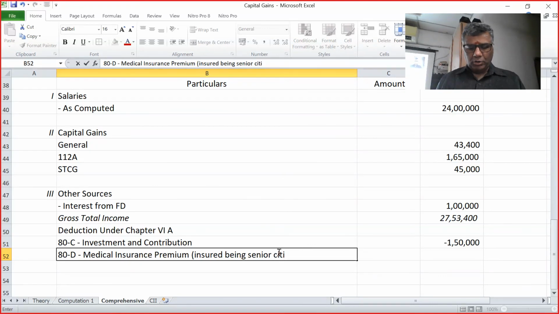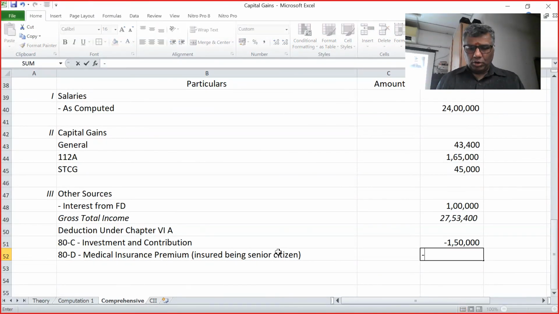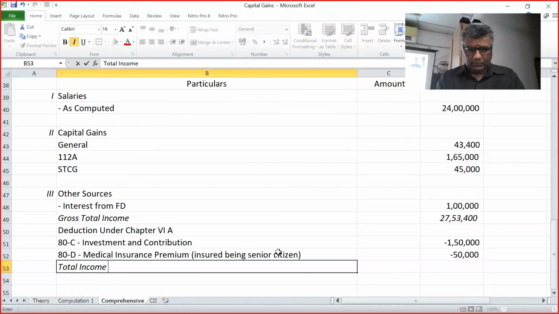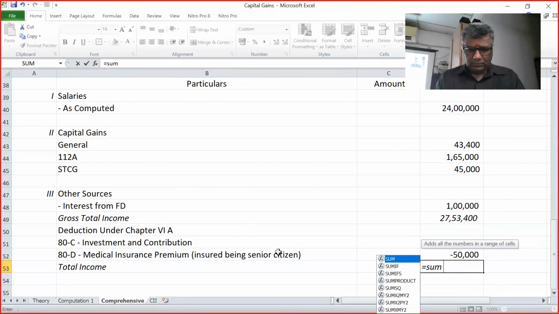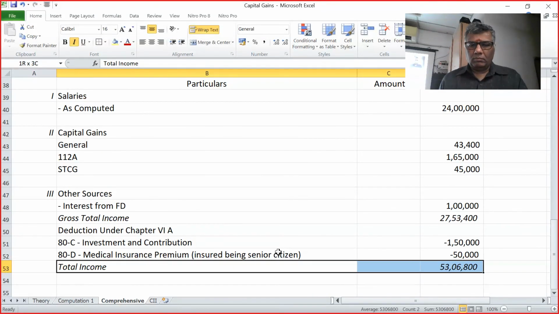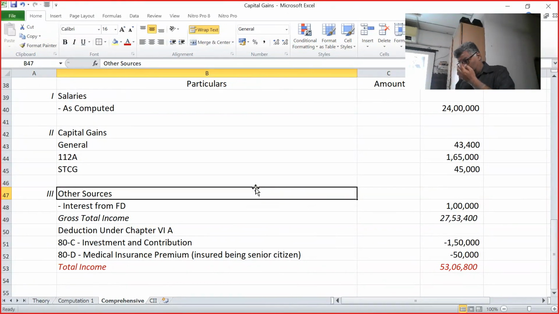Otherwise, it is only 25,000. We will have it read. But in this case, insured being a senior citizen, up to 50,000.